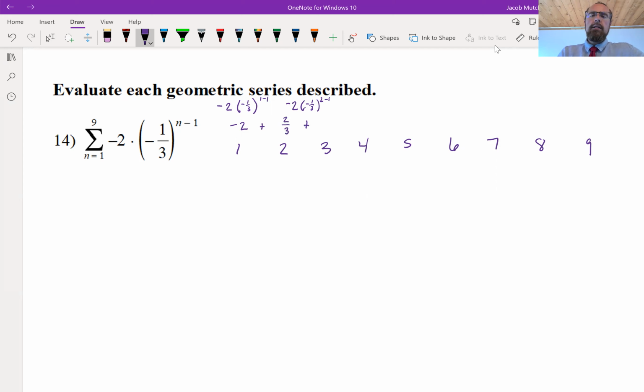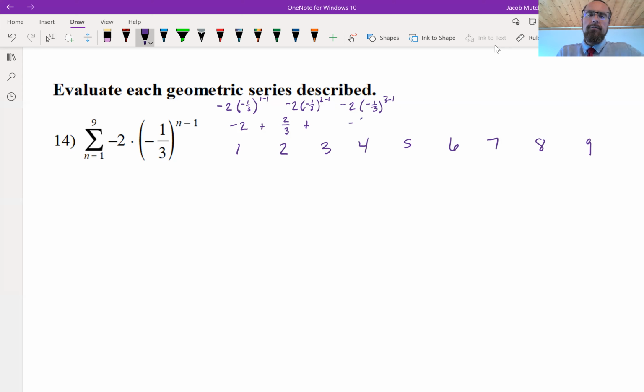So I'm seeing because this common ratio is negative, the series is going to oscillate back and forth between negative and positive. Just to illustrate that, let's find the next term, -2 times -1/3 to the power of 3 minus 1. So -1/3 squared is going to become +1/9.